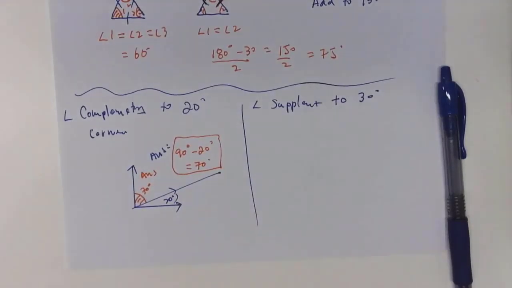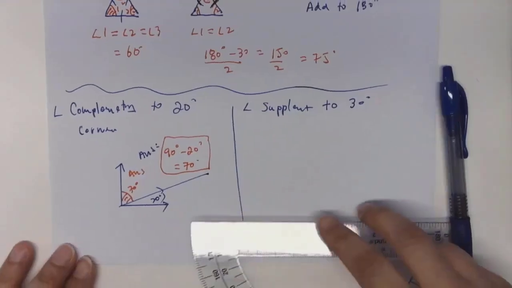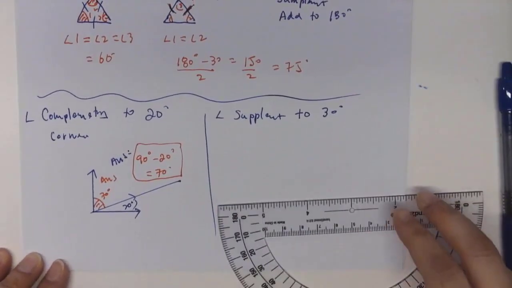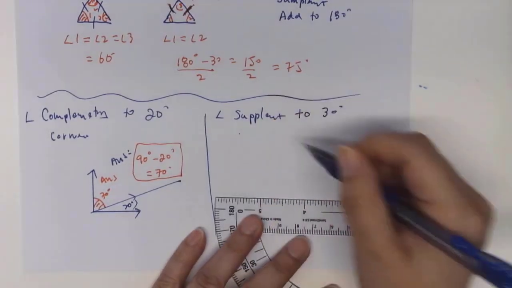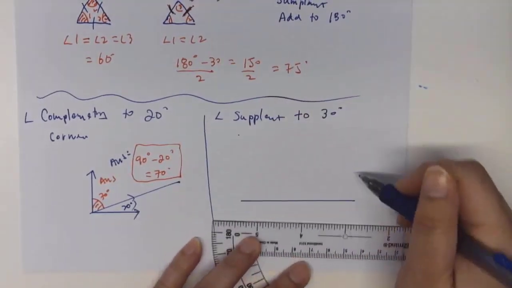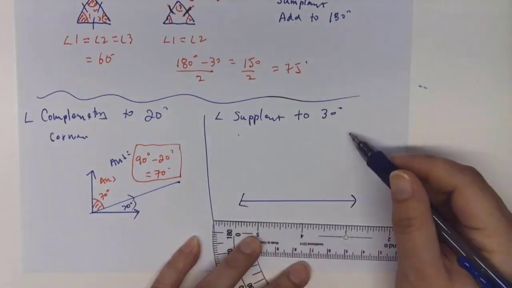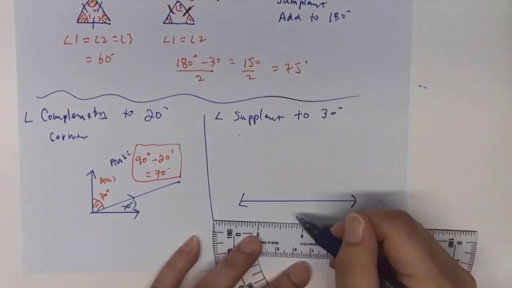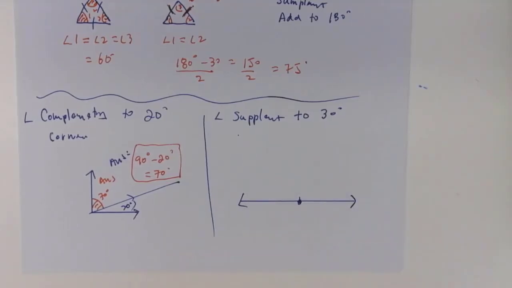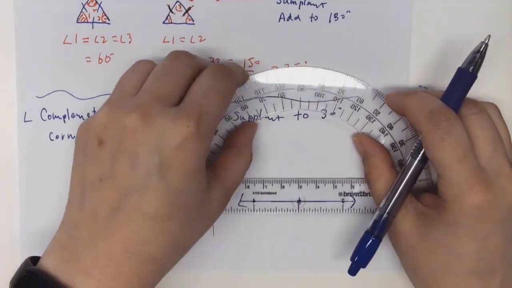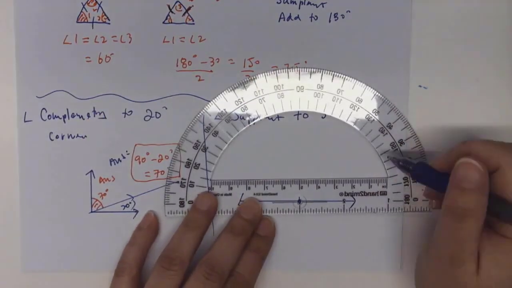Okay, supplementary to 30. So supplementary means it's going to form a straight line, S with S, straight line. So the straight line is 180 degrees, right? And then I need a supplementary to 30. So I'm going to put a point here and do what? Draw a 30 degree angle. So you need to find yourself a point.